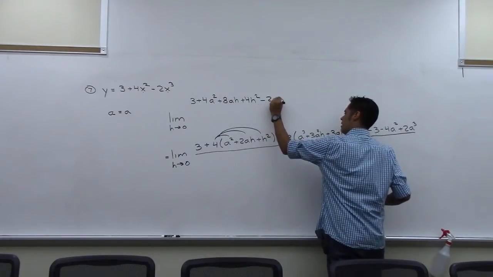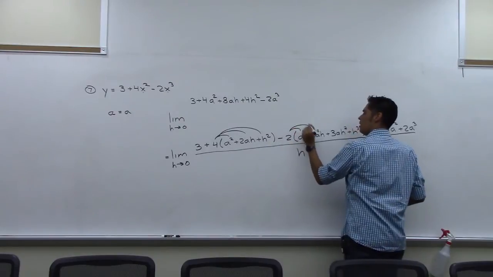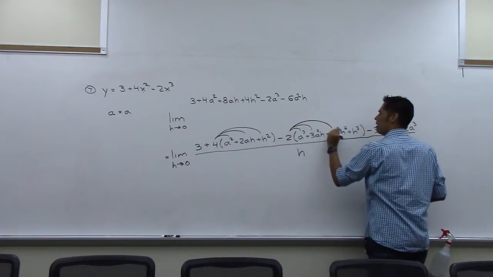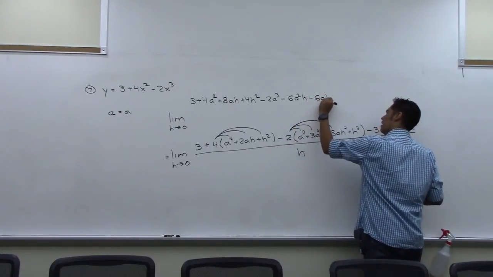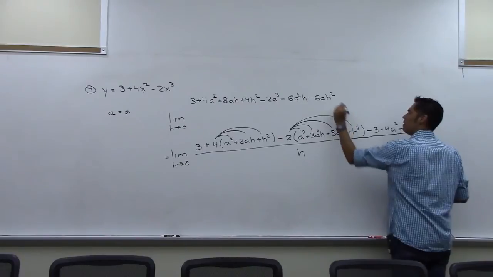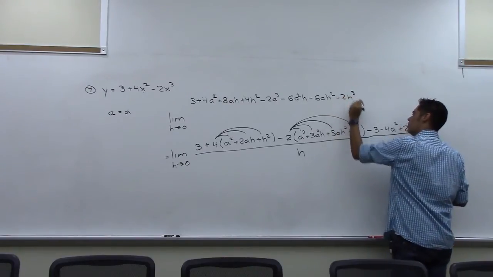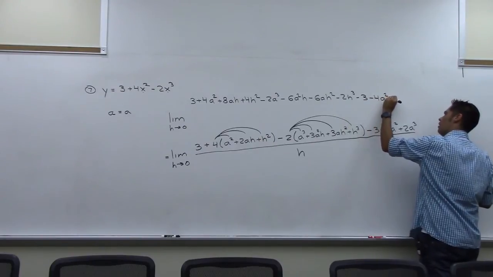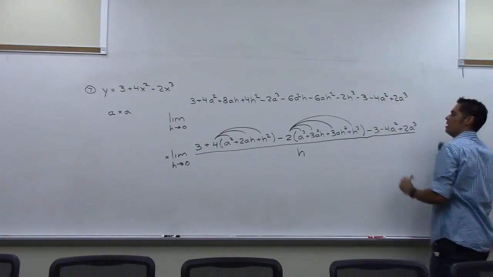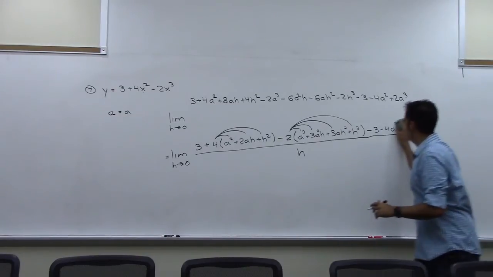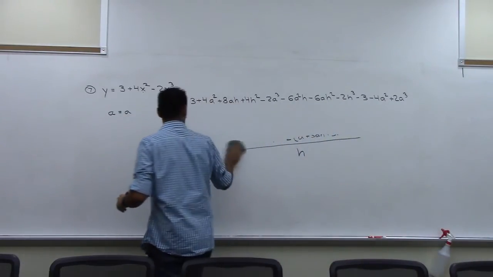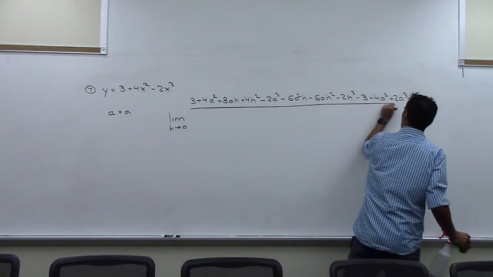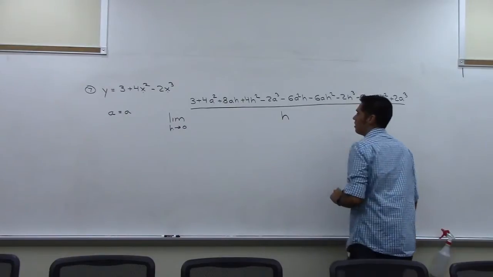Minus 2a cubed, that's this, minus 6a squared h, here to here, minus 6ah squared, here to here, minus 2h cubed, and we still have minus 3 minus 4a squared plus 2a cubed, this entire thing over h. And I am hoping that the h will cancel. Well, I'm counting on it actually. So a lot of things are going to have to cancel.